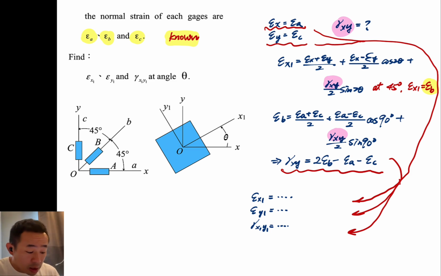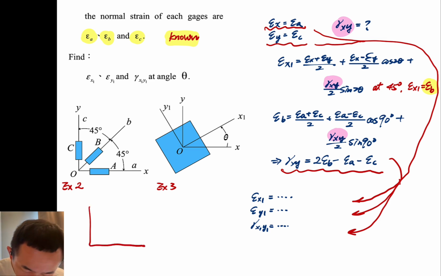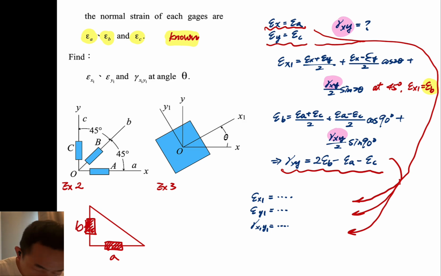Okay, so there are some more examples I want you to try at home. For example, if you have strain gauge A, strain gauge B, sorry, C, it's okay.